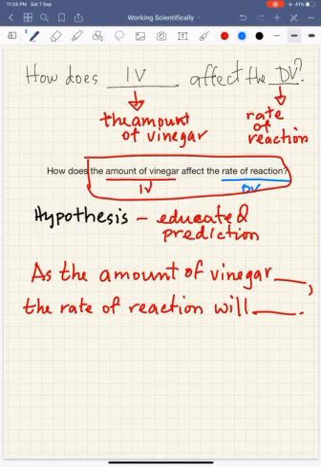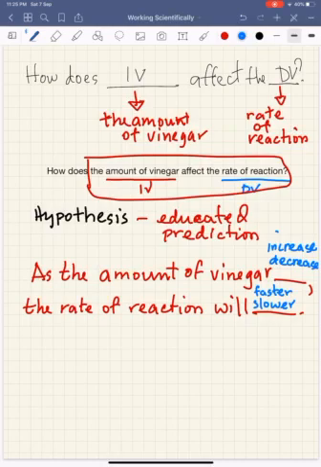What can we put here? You want to change the amount, so either the amount will increase or decrease. You choose. The rate of reaction will be faster or slower. You choose. You make the decision. And then you write your hypothesis.